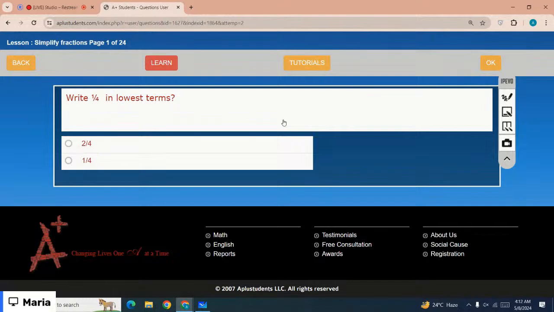One by 4 is already in the lowest form, right? You don't have any common number that can divide 1 and 4 other than 1. So that means 1 by 4 is already in the lowest term. The correct option is 1 over 4.